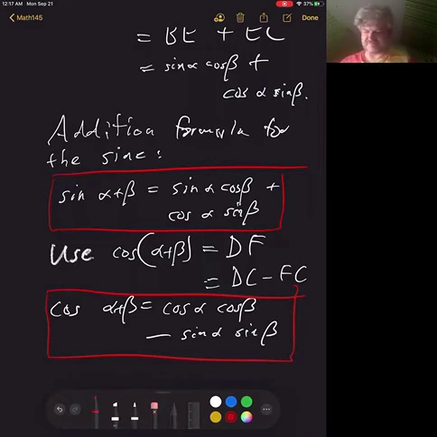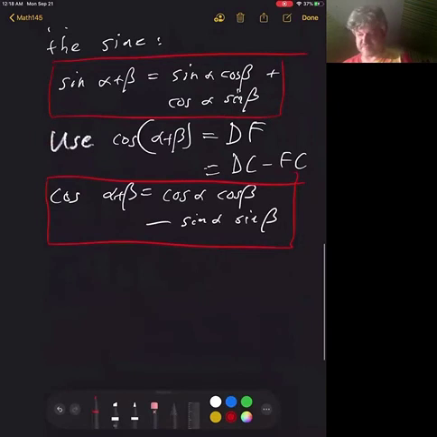So it's kind of nice looking formula, and you really should remember those two. And then there's Pythagoras, and from those three formulas comes everything else that we need to know in terms of trig identities. Everything else. There's a whole bunch that comes out of this, but those three, Pythagoras and those two formulas, are the ones that are crucial.